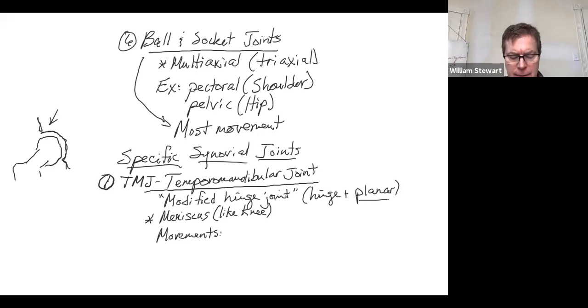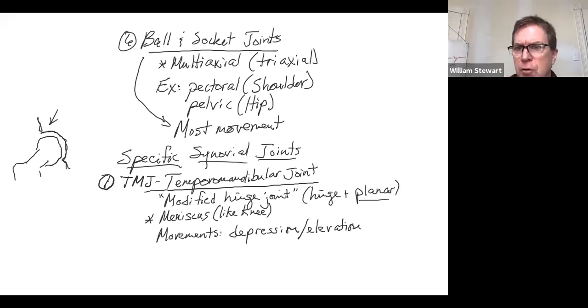I do want to list the types of movements that we find. We're going to describe them. We get depression. This is a good review for this language. Depression, I'm going to write elevation. That would be the hinge part of this joint movement. There's also protraction, retraction. You know that you can jut your jaw forward. That's protraction, and then pull it back, retraction.